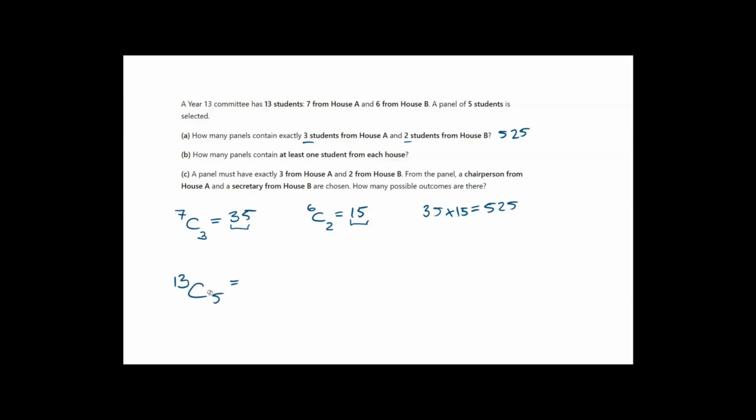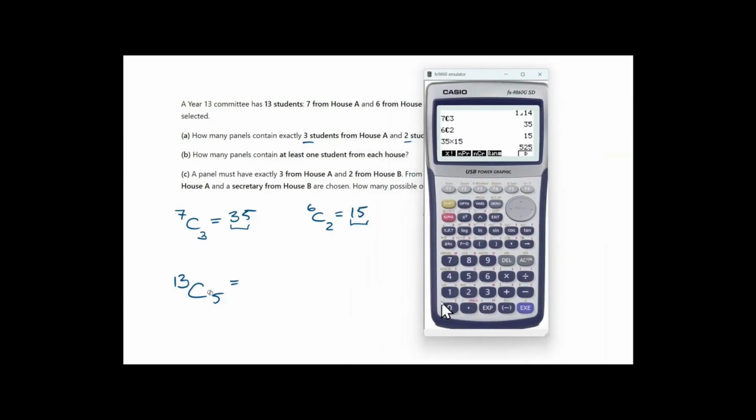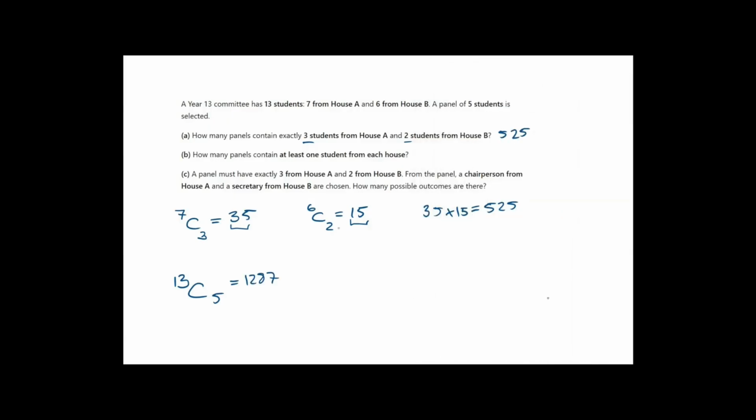So if we ignore where they come from, how many in total could there possibly be? It's going to be 13 choose 5, so 1,287.